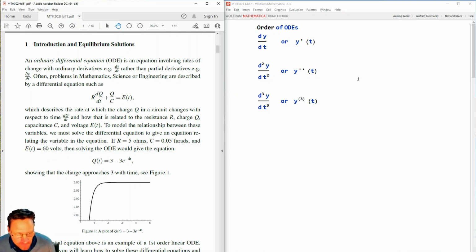Okay, so let's get back to the document here. An equation involving rates of change with ordinary derivatives. For example, dy on dt, rather than partial derivatives, partial y on partial t. Remember, partial derivatives are those derivatives that take all other variables as constants when you differentiate. So it only takes into account what's on the bottom of that symbol, as to how the function varies with respect to that variable, and it treats all other letters as constants.